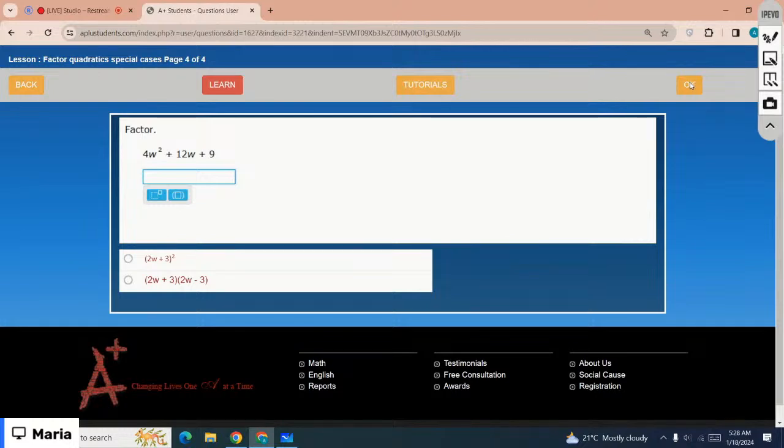The next one is factor 4w square plus 12w plus 9. So which is the correct option?